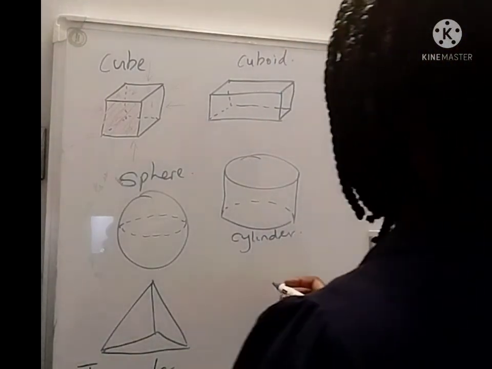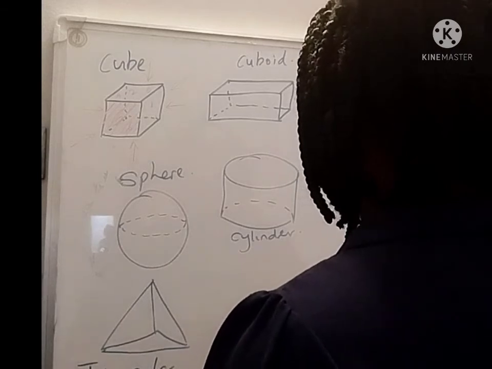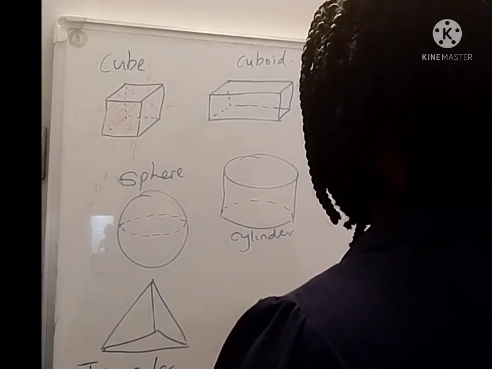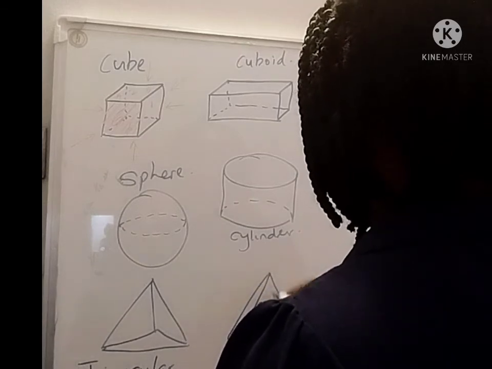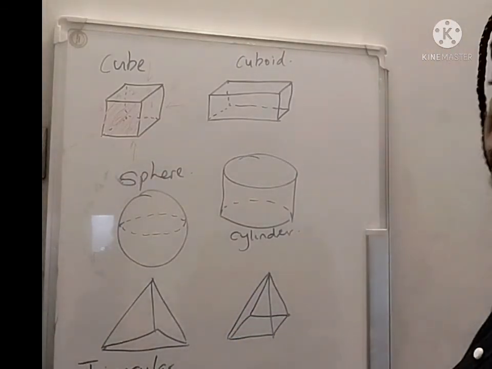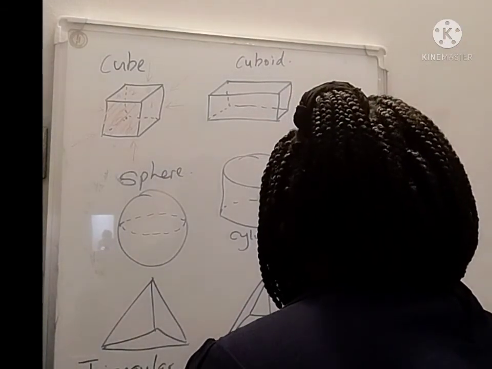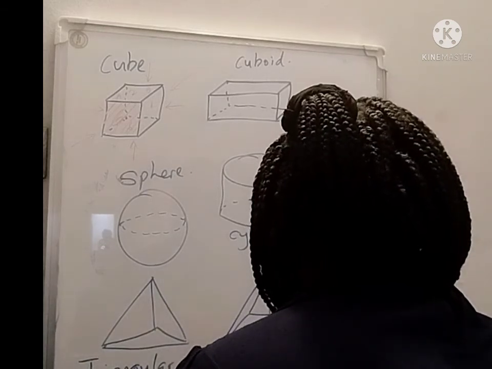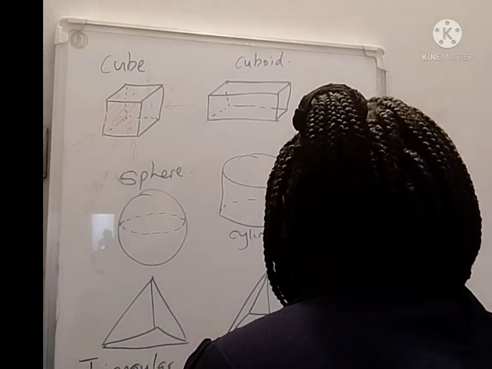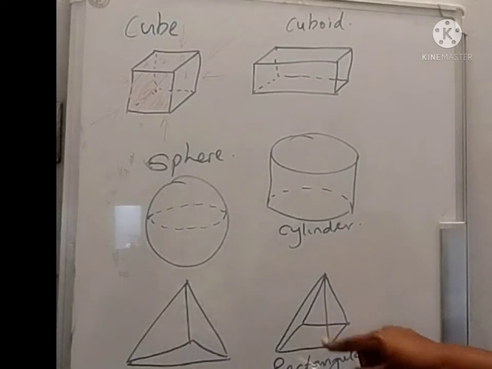Then we have a square pyramid. It looks something like this, or a rectangular pyramid. Remember, the base of this object is either a rectangle or a square.